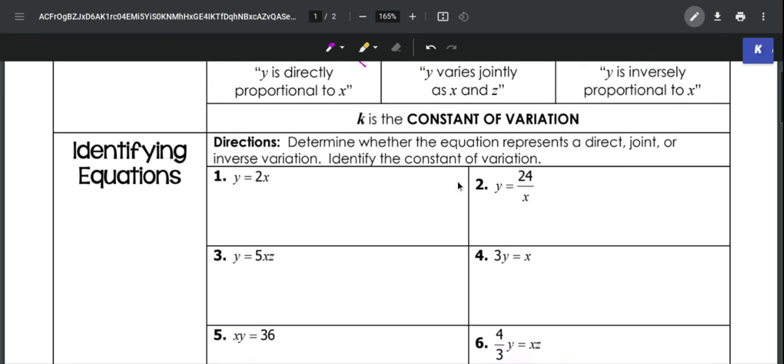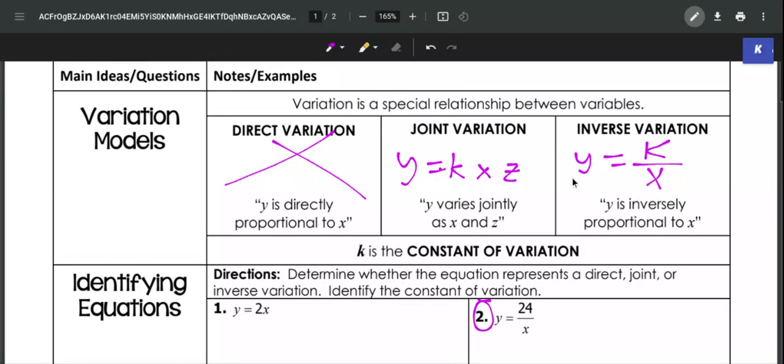So if we want to look at identifying some equations where we see this, it's not too hard. Like I said, we're not going to worry too much about direct variation. We're going to look at joint and inverse variation for this section. So if we go to number 2, we're essentially just looking for the same setup as y equals.